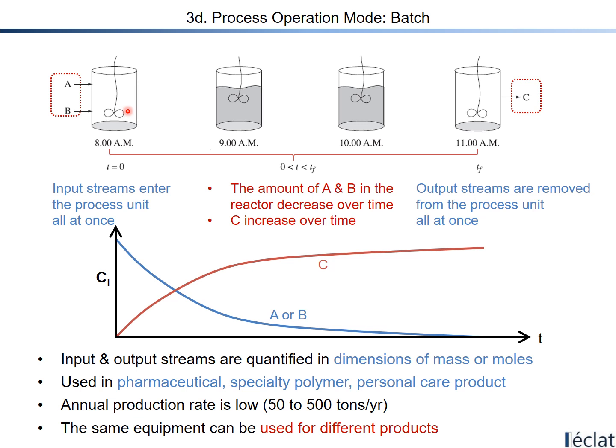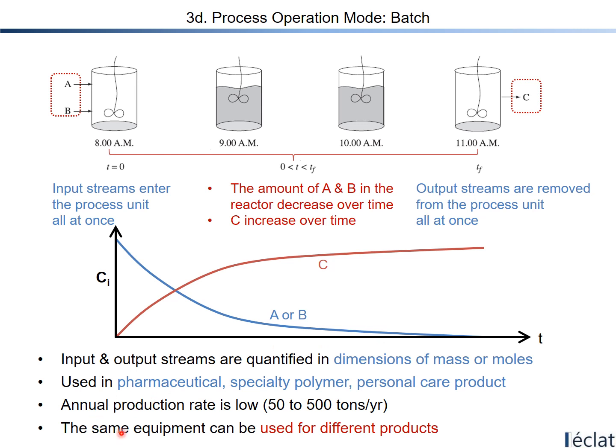The important thing is the amount itself, not the flow rate. Also during reaction, there is no flow into or out of the system. So instead of the flow rate, we use the dimension of mass or moles for quantification in the batch reactor.